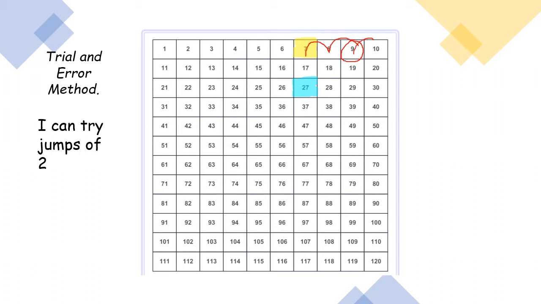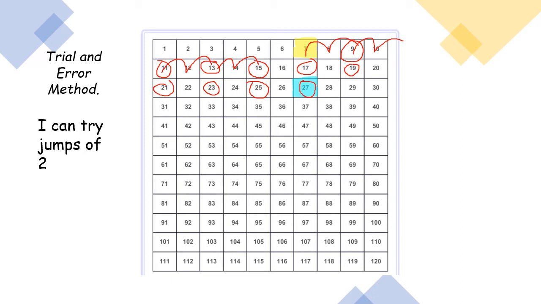Another 2 jumps, 1 and 2 brings me to 11. 2 jumps, 1, 2, 13. 1, 2, 15. I can just keep counting. I don't have to keep jumping. 2 jumps, 17. 2 more jumps, 19. 2 more jumps, 21. 2 more jumps, 23. Another 2, 25.